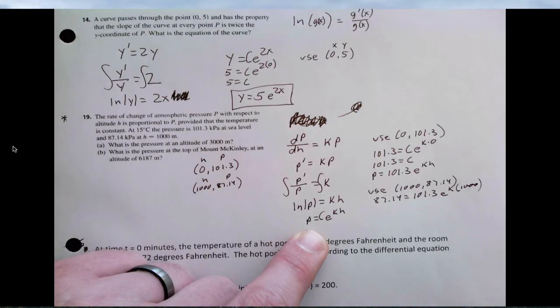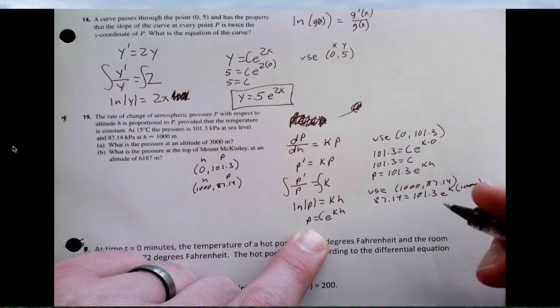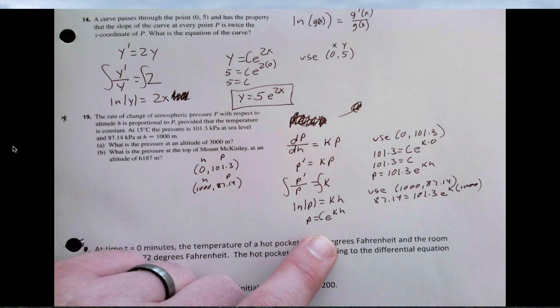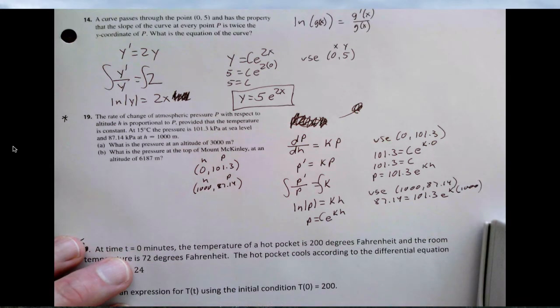So that's where we are right now. And I'm going to divide both sides by the 101.3. Okay, so when I do that, 87.14 divided by 101.3 gives 0.86.